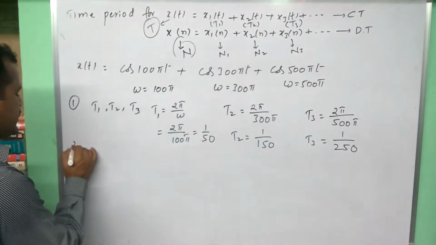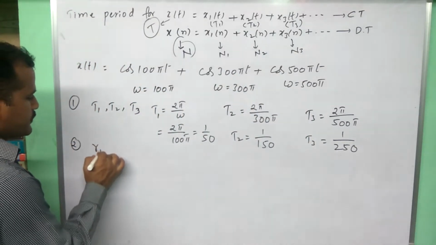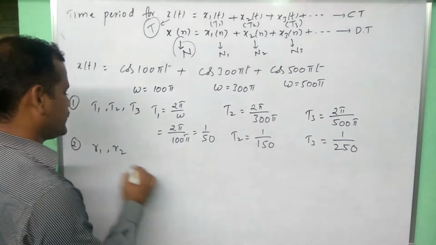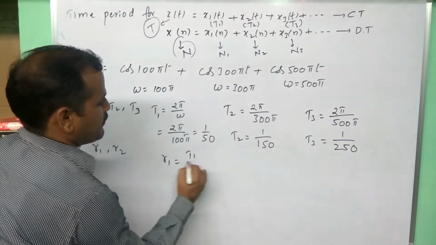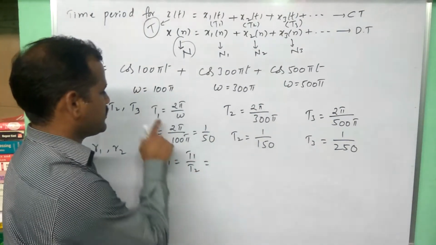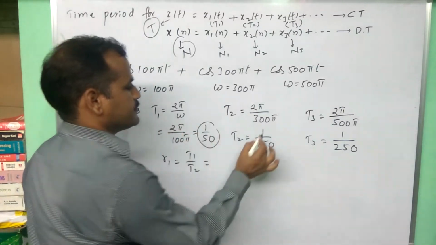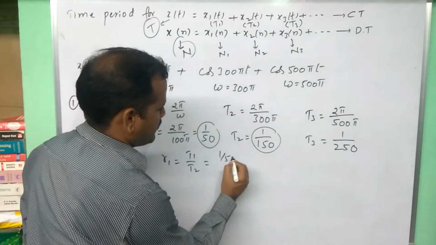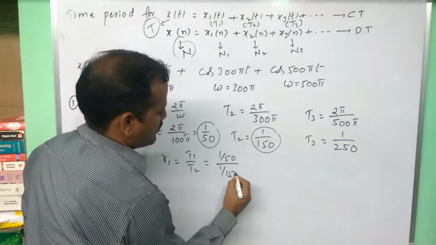Then, in step 2, find ratios. Here three signals means two ratios we will get. So R1 is T1 by T2, this divided by this: 1 by 50 divided by 1 by 150.